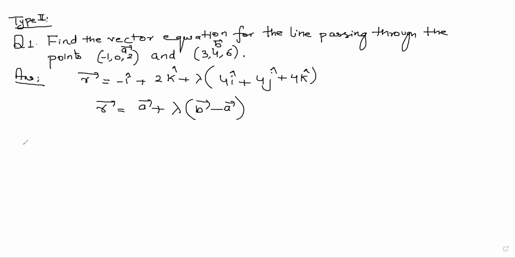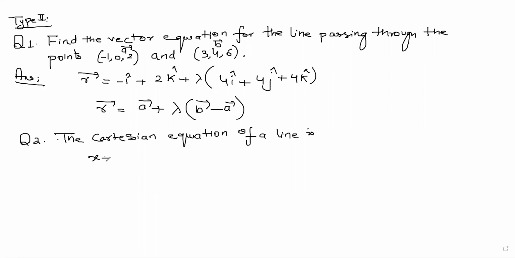Great. Now question 2. Please try this. The Cartesian equation is given. The Cartesian equation of a line is x plus 3 by 2 is equal to y minus 5 by 4 is equal to z plus 6 by 2.